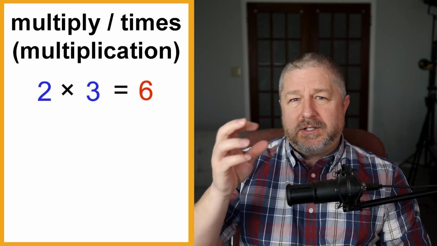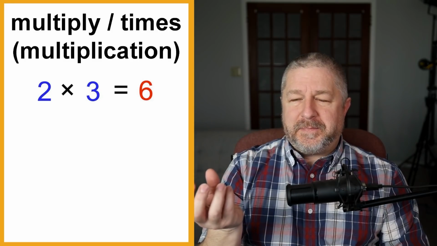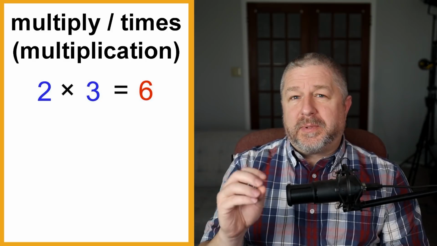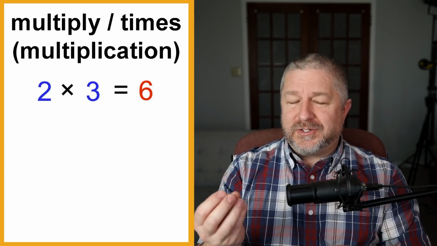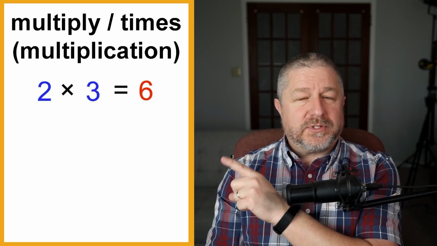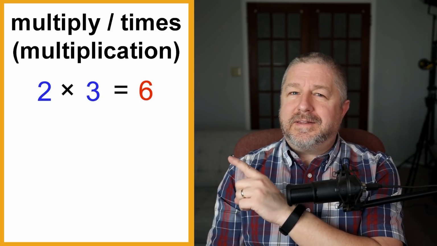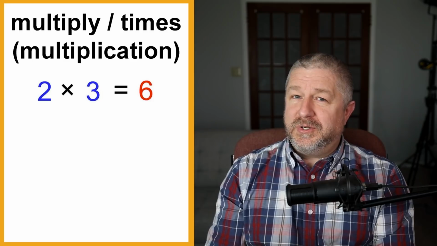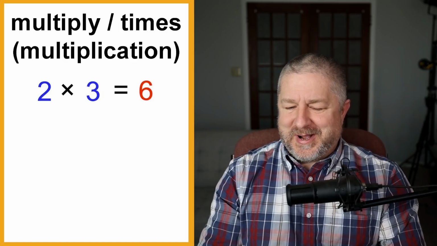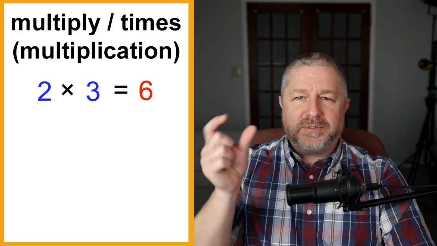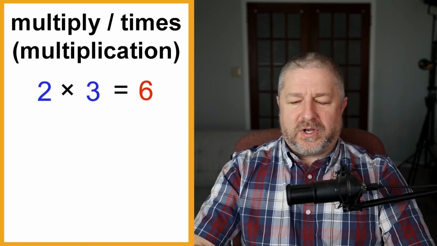Notice how, just like when I was talking about add and plus, multiply and times work a little differently as well. 2 times 3 equals 6. This is a multiplication question. And in this question, I will multiply 2 by 3. I hope I'm not confusing you, but do note again that multiply and times are used a little differently when you talk about this equation.